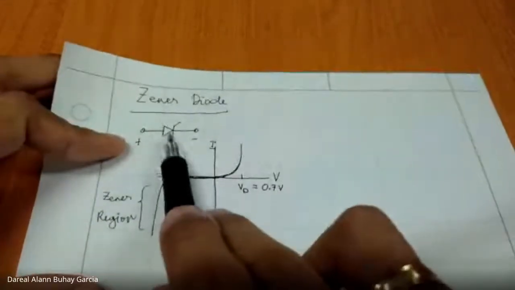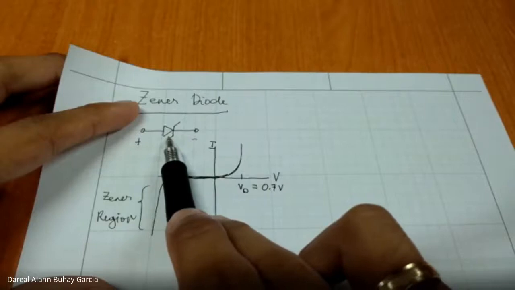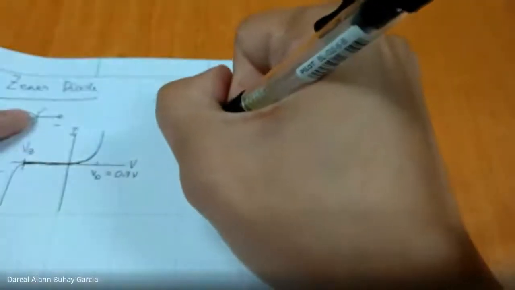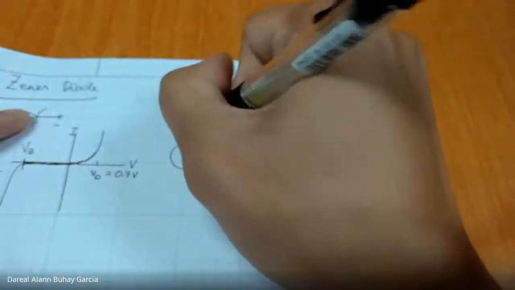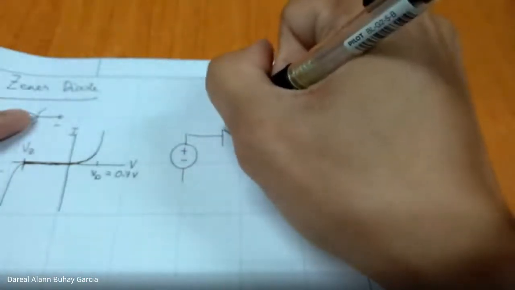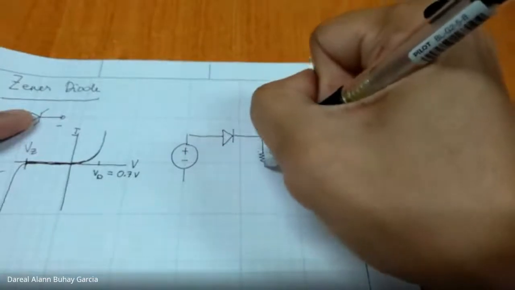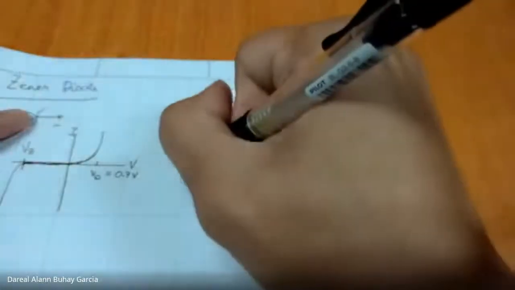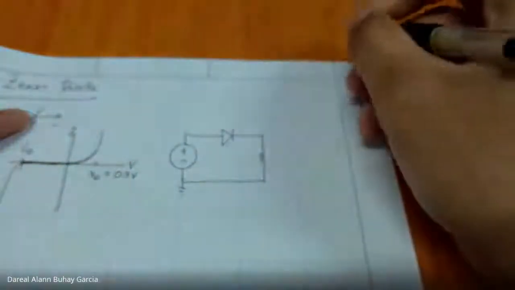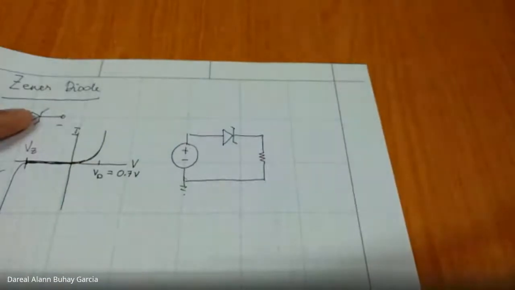Now, what if we use the Zener diode as a regular junction diode? It's possible. The voltage drop is still the same, 0.7. For example, in our common circuits before, a simple series circuit or even a half-wave rectifier circuit. What if this is a Zener diode?